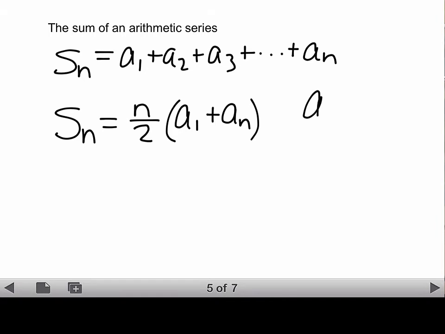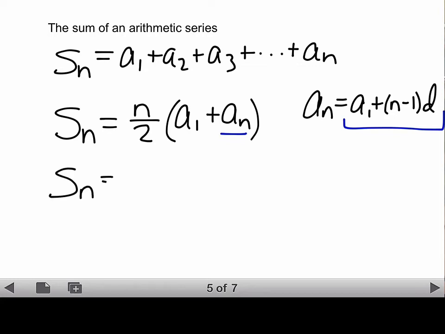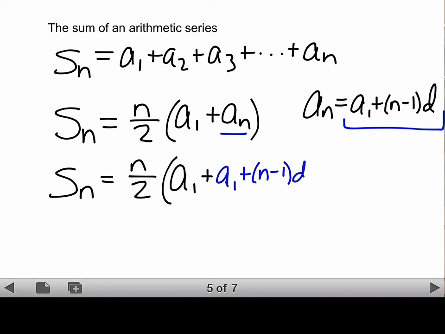Recalling that a sub n is equal to a sub 1 plus n minus 1 times d, this formula can be rewritten. I'm going to replace a sub n with what it is, a sub 1 plus n minus 1 times d, and S sub n could be rewritten as n over 2 times a sub 1 plus a sub 1 plus the quantity of n minus 1 times d.